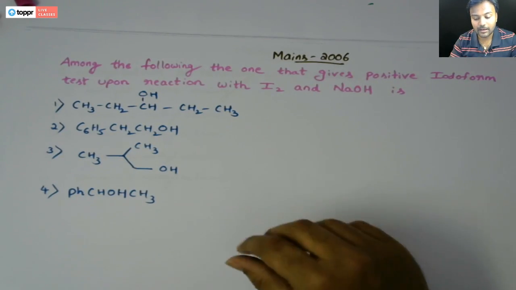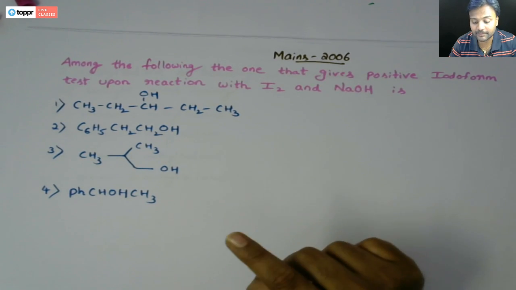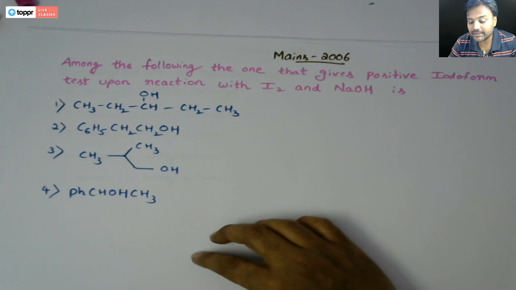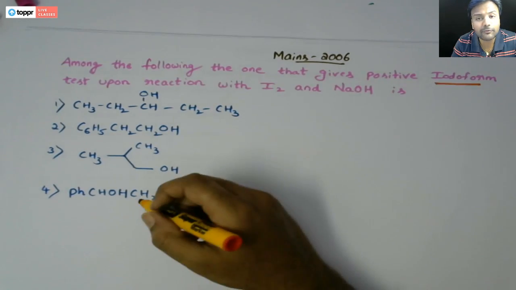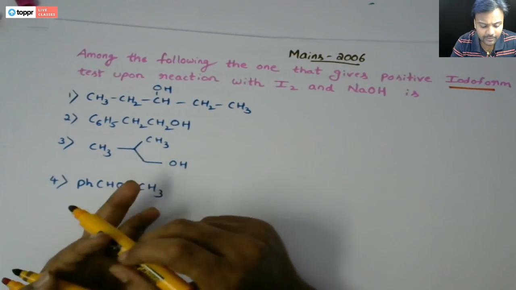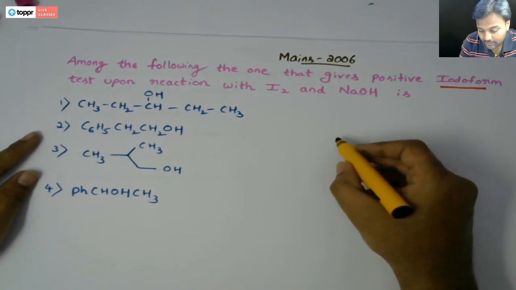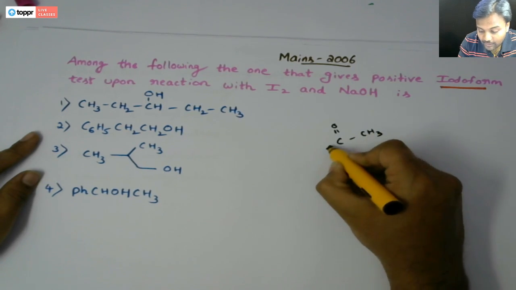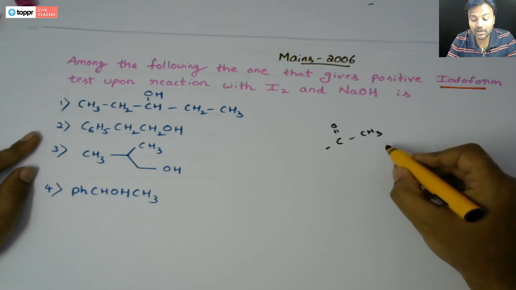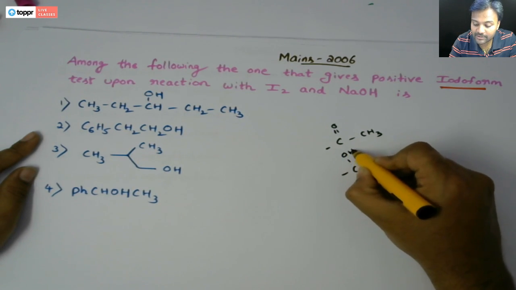Among the following, which one gives a positive iodoform test upon reaction with iodine and sodium hydroxide? Sounds interesting. The iodoform test will be given by compounds which contain COCH3, or compounds which contain CHOH CH3.